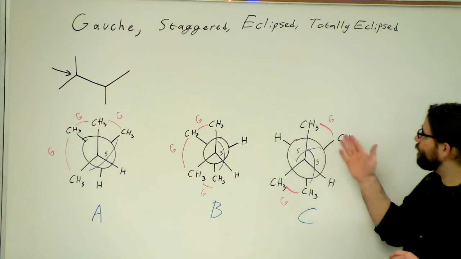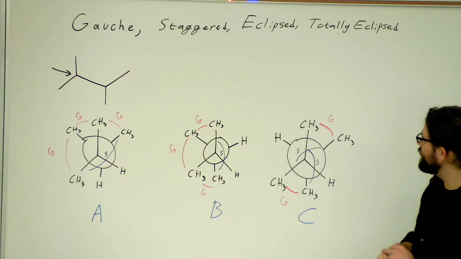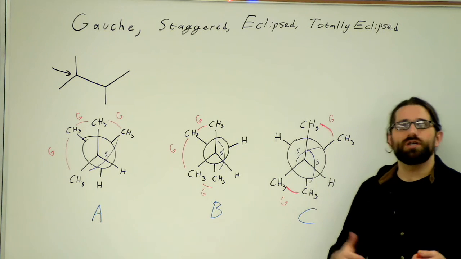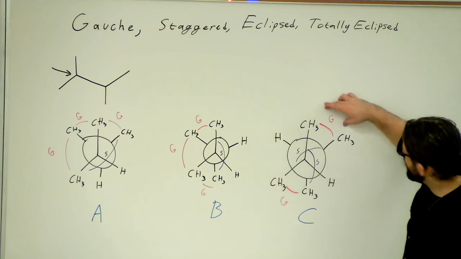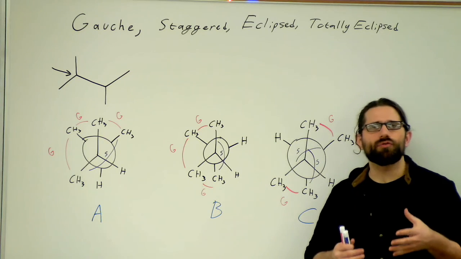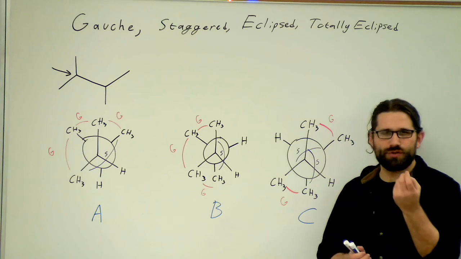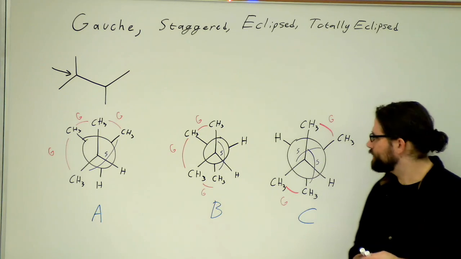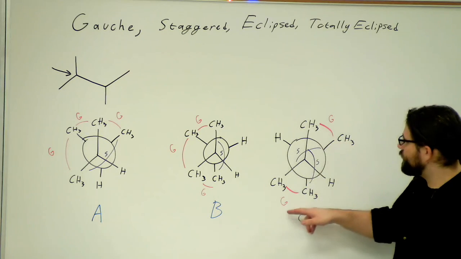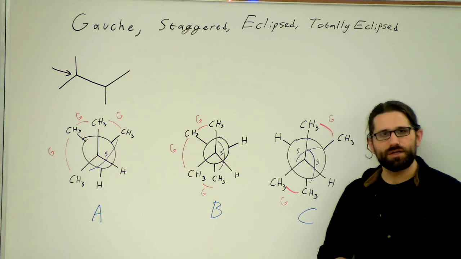So this one has fewer gauche configurations, which means it has fewer of these slightly higher energy interactions. And so this one is going to be my lowest energy. So in your workbook, I go through and I actually apply the numbers, the actual joules per mole, I think it is. But here, I just want you to see the principle behind this is really just the number of gauche conformations, okay?